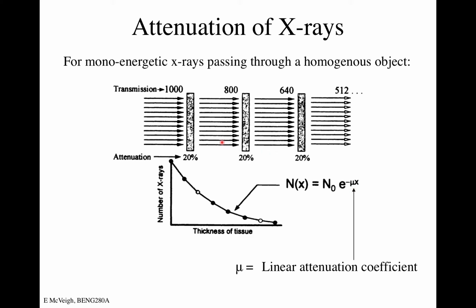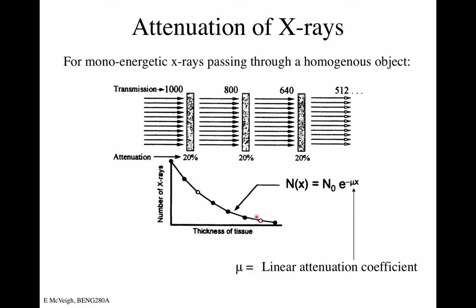Here's an overview of how this works. If I have, say, 1,000 photons hitting this object and 20% get absorbed by this thickness of this stuff, let's say this is copper or something like that, then I have 800 on this side. When 800 hit exactly a replicate of this, 20% of those get absorbed, so you get 640, and again 20% of those get absorbed, and you get 512.